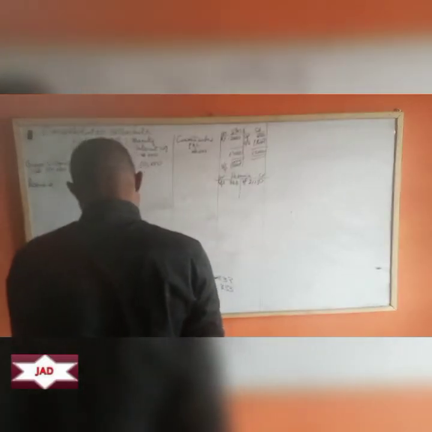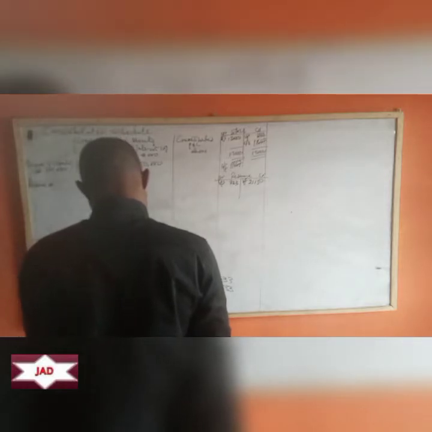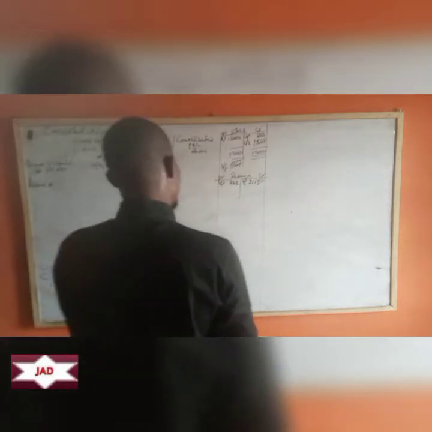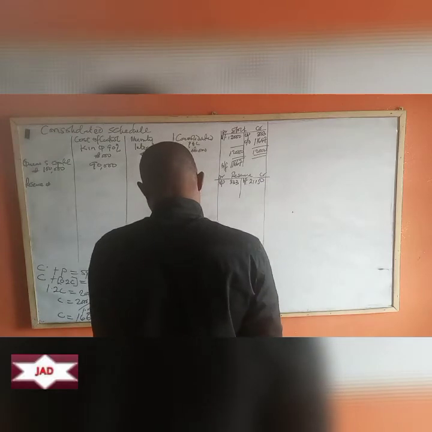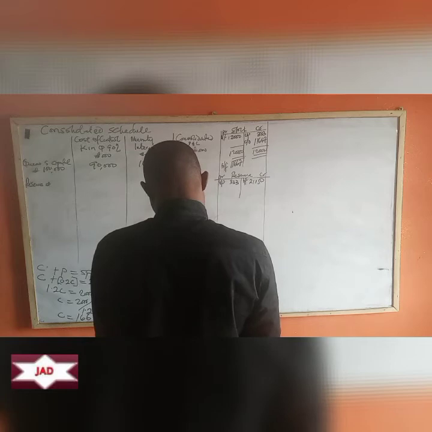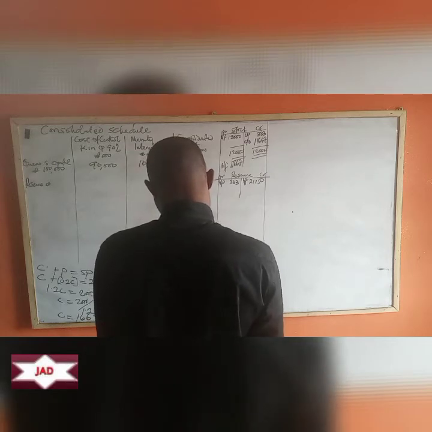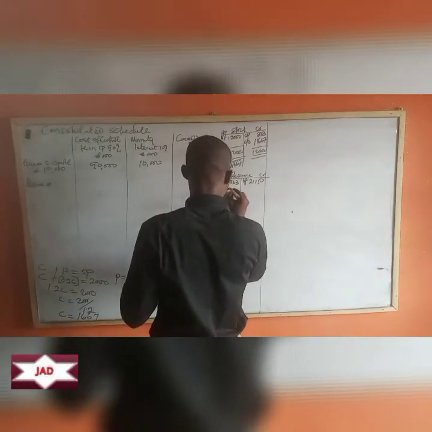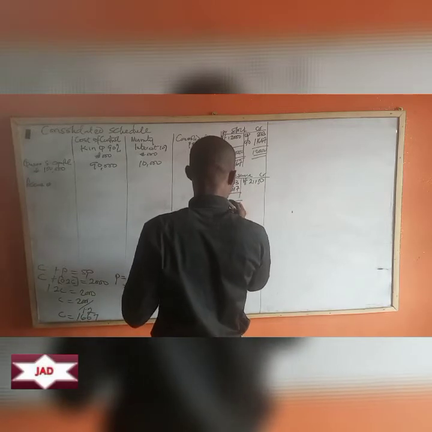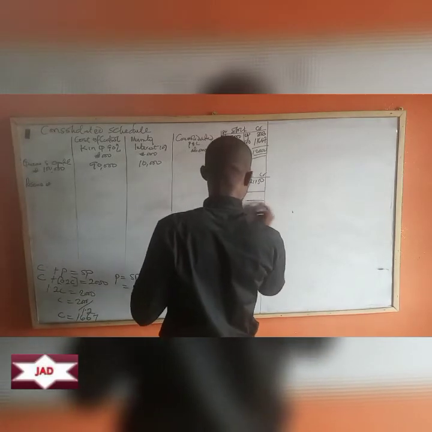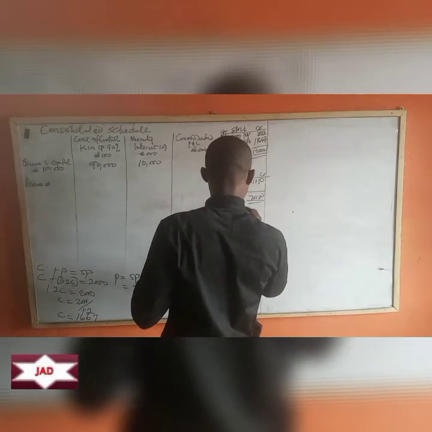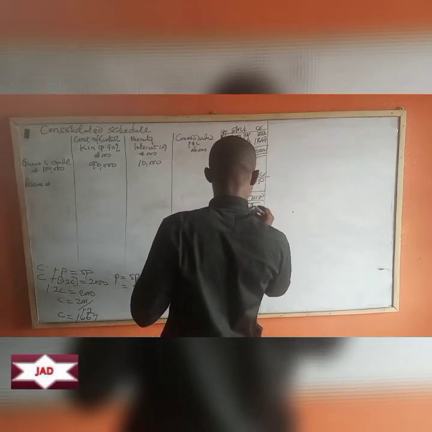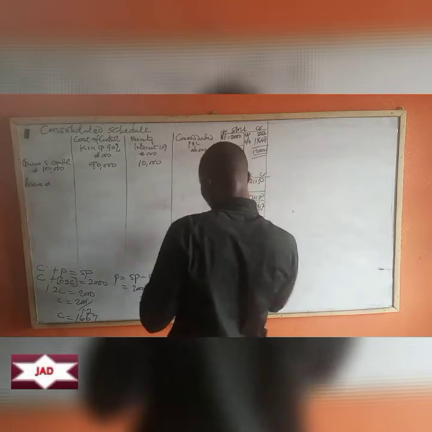So we have 21,150 minus 333. What do we have? 20,817. So this is the new reserve.